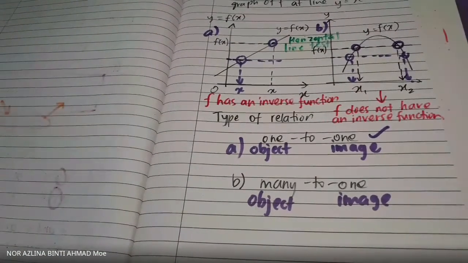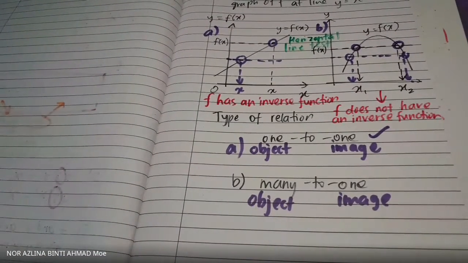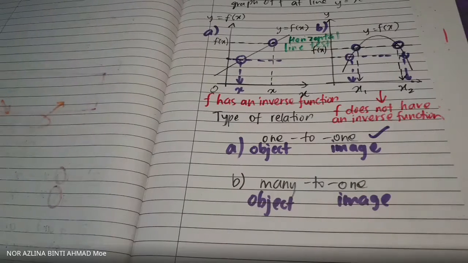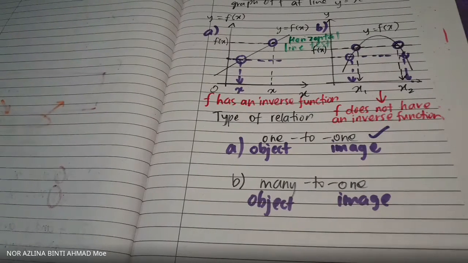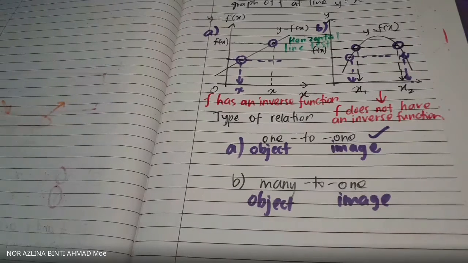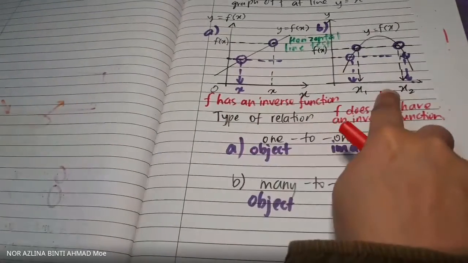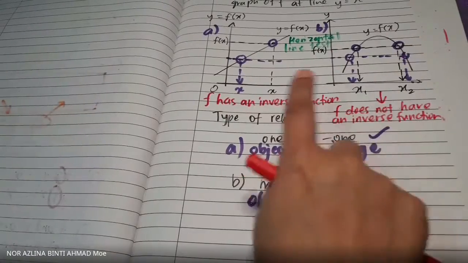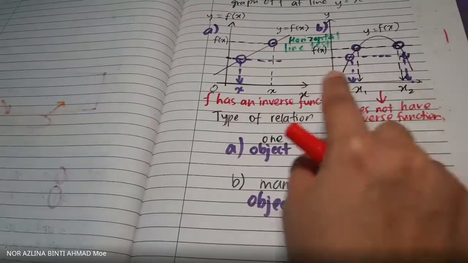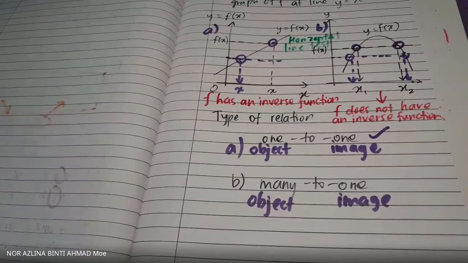Okay. So nak tentukan sama ada function itu ada inverse or does not have inverse, kita akan tengok kepada dia punya type of relation. Kalau dia beri graph, you boleh check menggunakan horizontal line test.